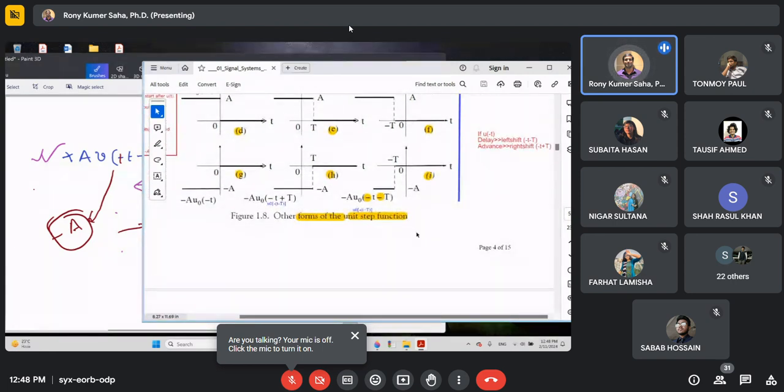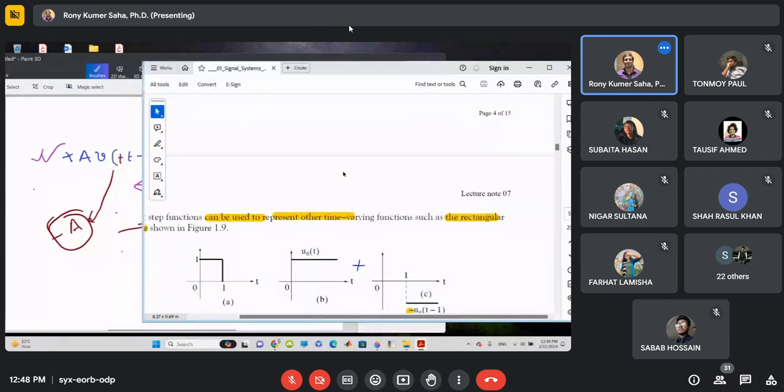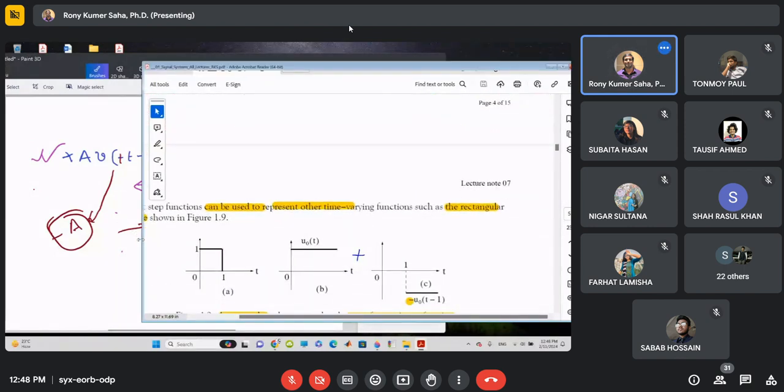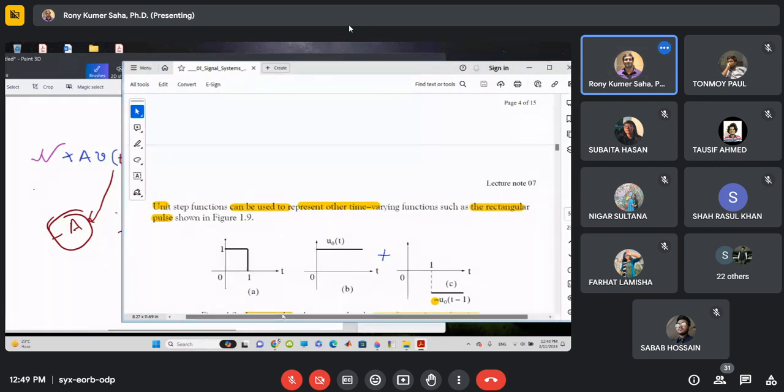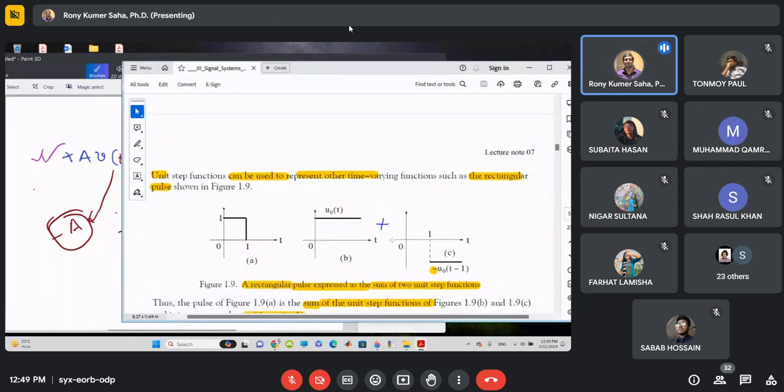This is just an example of how we can use this unit function to represent the sequence. This is another one. Any signal response event can be represented, as I said, with a combination of unit step responses.